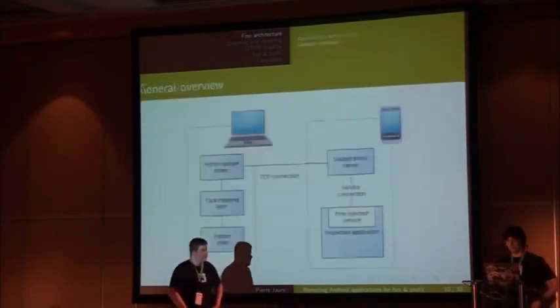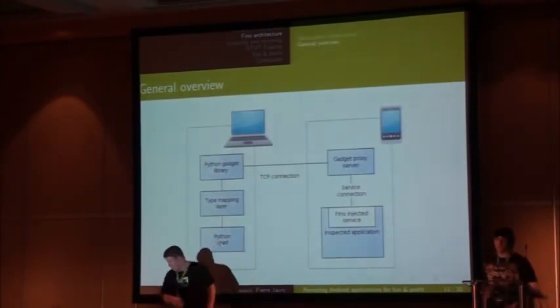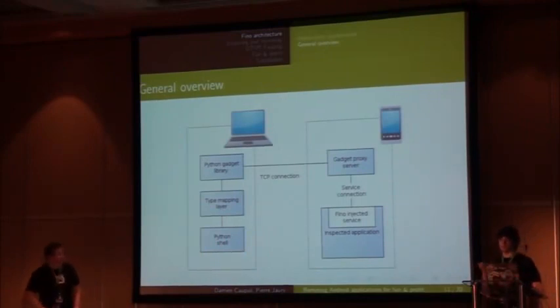So basically, we have the Fino service injected inside the application. This service provides a service API on the phone. This API is public. And we have the Gadget server, which is actually the client for the Fino injected service. And the Gadget server acts as a proxy.